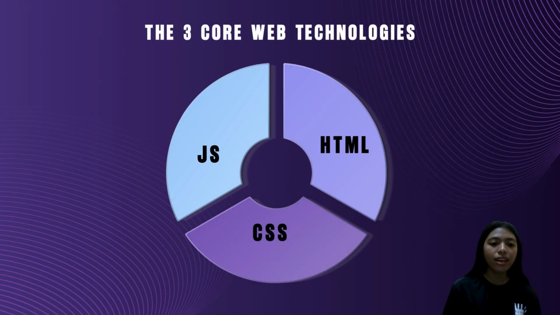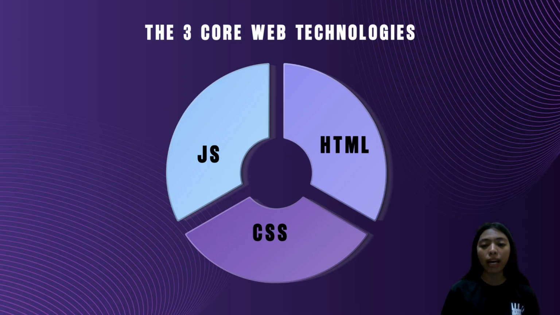Next slide is the three core web technologies. What are the three core web technologies? First, we have HTML. Second, CSS. Third is JS. These three form the foundation of every website.